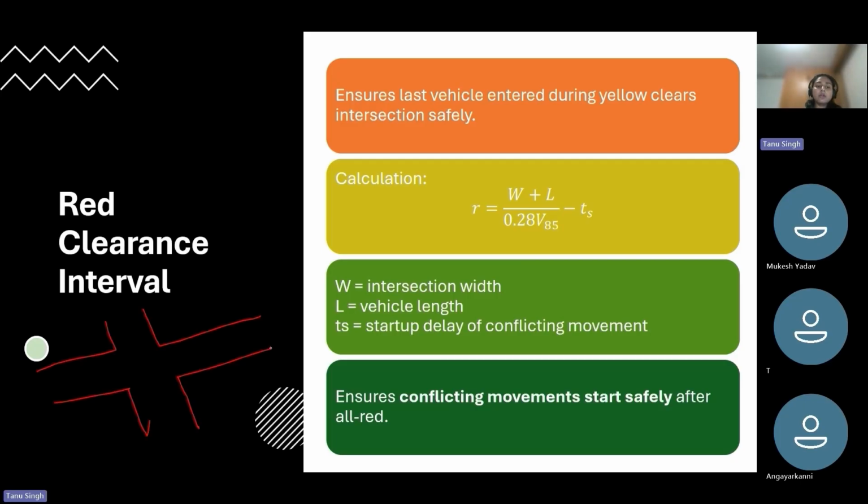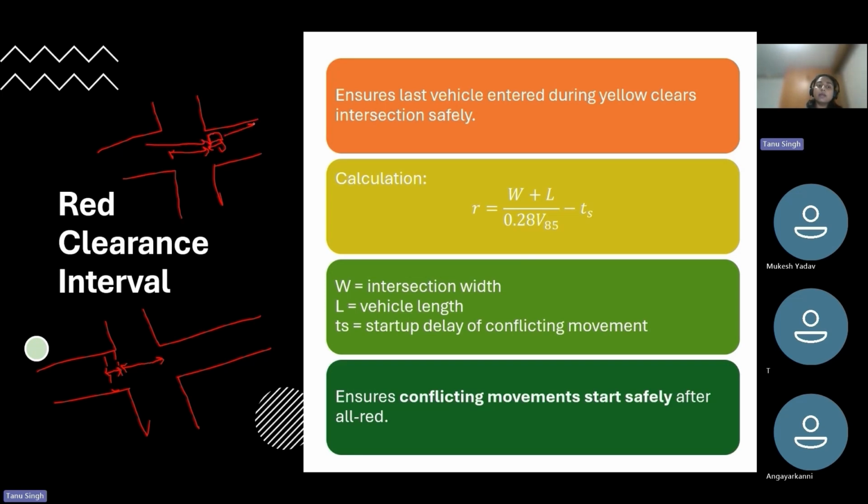So the red time has been taken as the summation of the intersection width plus the vehicle length, because we need to stop the vehicle before the stop line. It can be either this way around or the other way around, where it is the length of the intersection plus the vehicle length which has safely crossed this intersection.